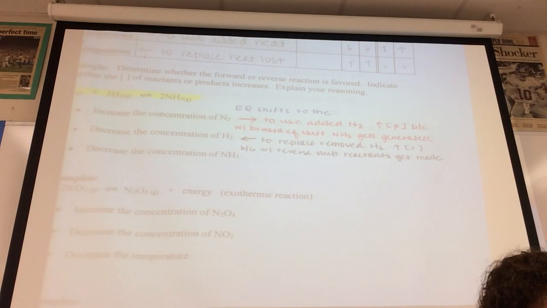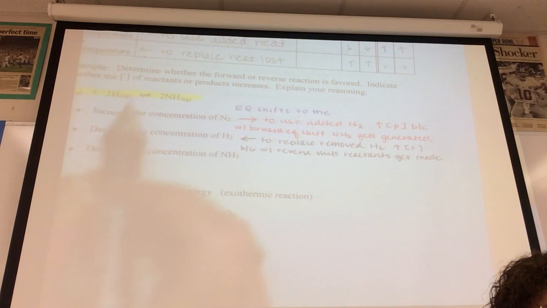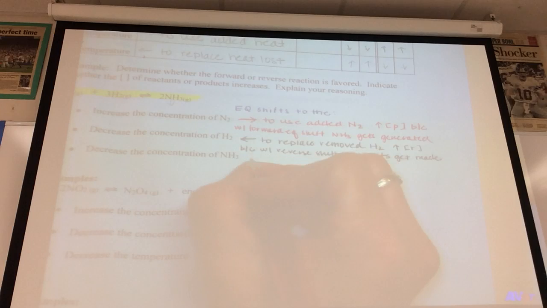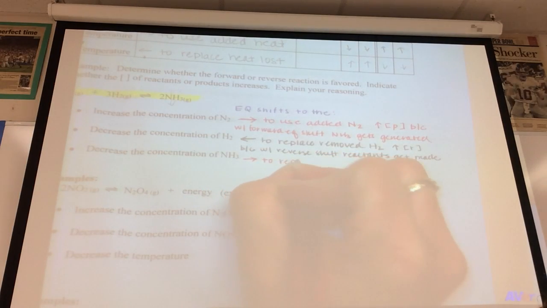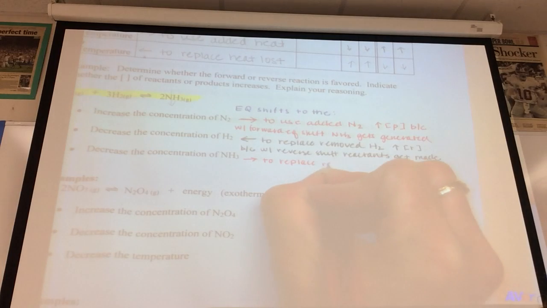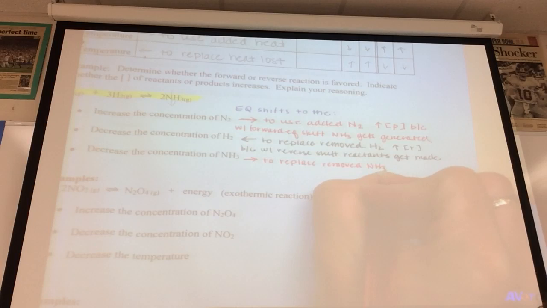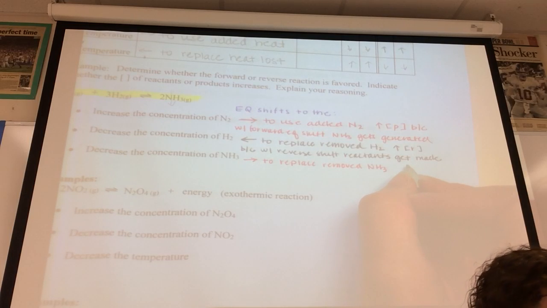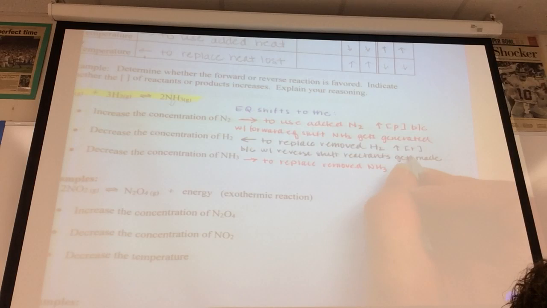If we decrease the concentration of ammonia, equilibrium shifts to the... correct? To replace removed NH3, and what will increase? Yeah, that one's a little tricky because it actually decreases more than it increases, but it's the only thing that's going to increase.